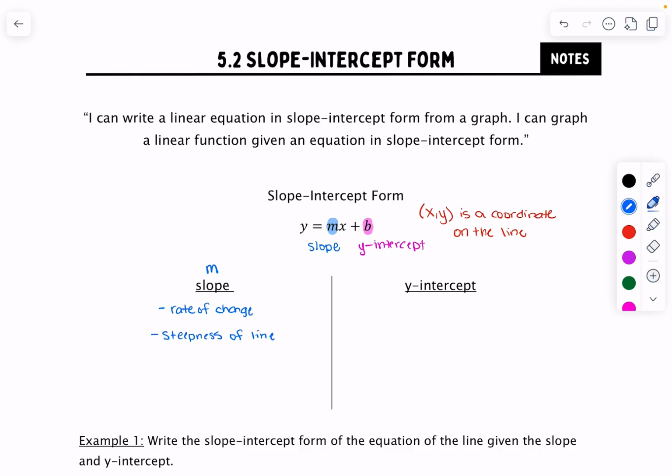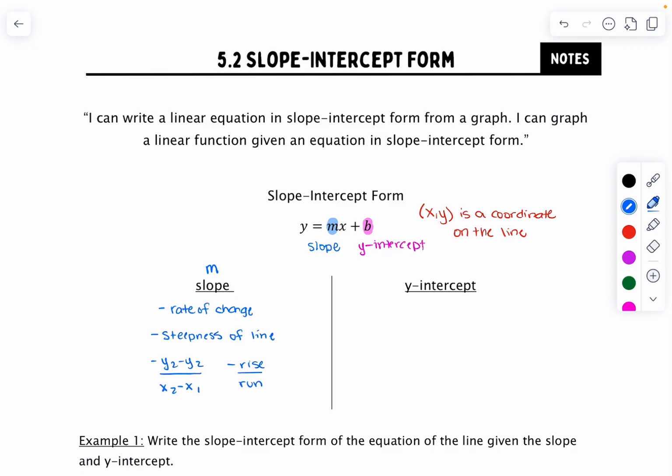We can say that it's y2 minus y1 over x2 minus x1. We can also say that it's rise over run. All of these things mean the same thing. They all mean slope, they all mean m, they all represent the same thing. It's just different ways we word it.